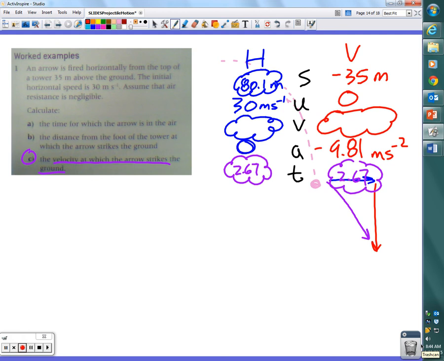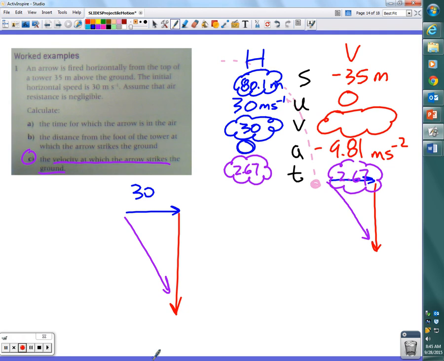What's the final velocity going to be in the horizontal direction? 30. Why? Because what's the acceleration in the horizontal direction? 0. If there's no acceleration, what happens to the velocity? Stays the same, right? So this is going to be 30. And that means if we have this triangle, this side of the triangle is 30.